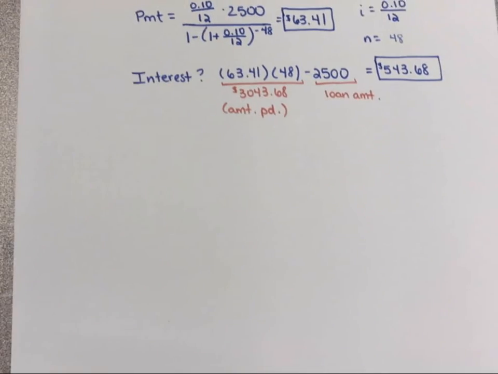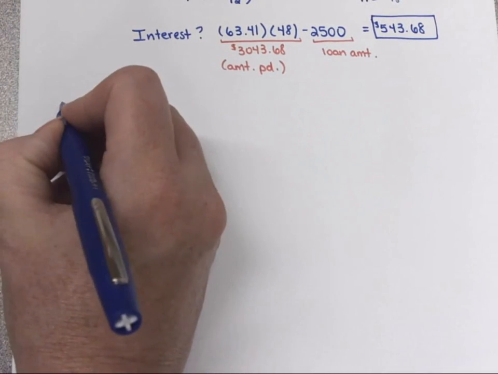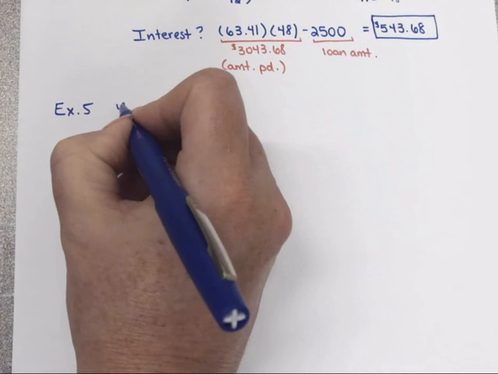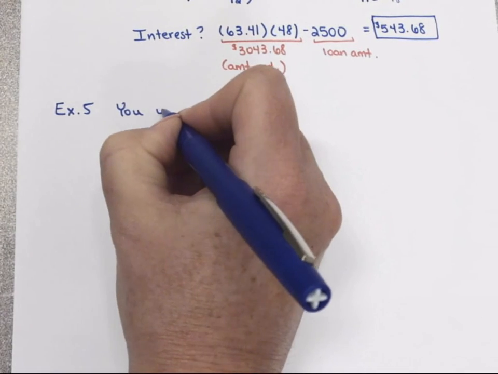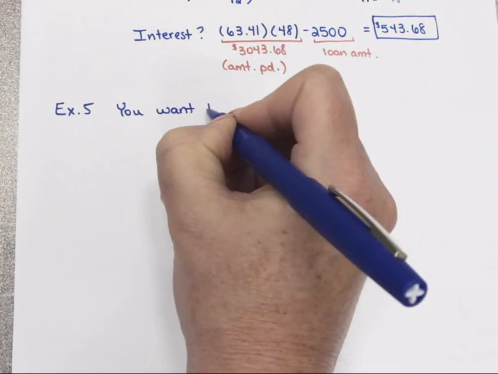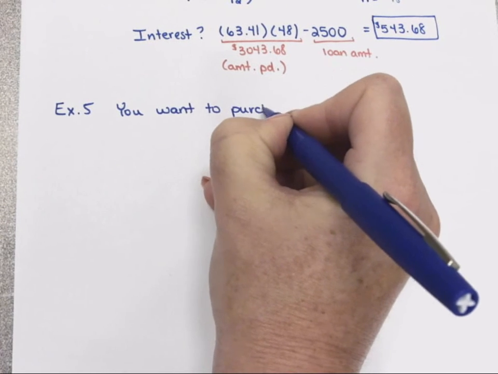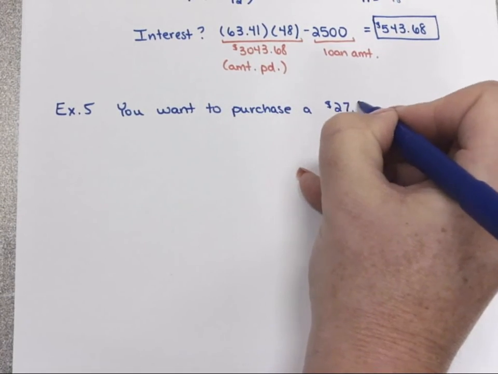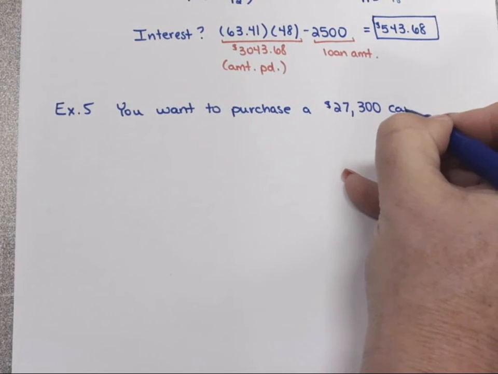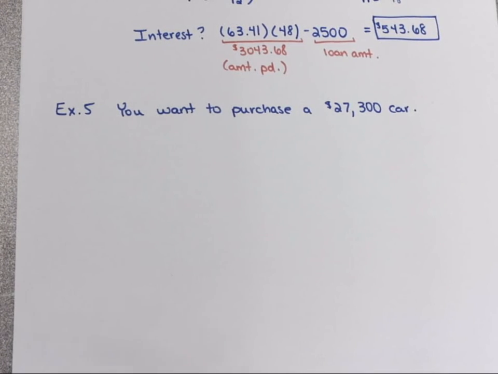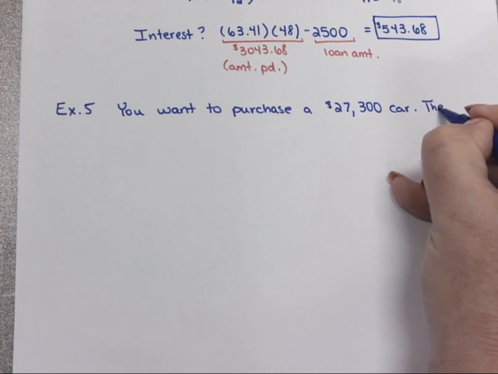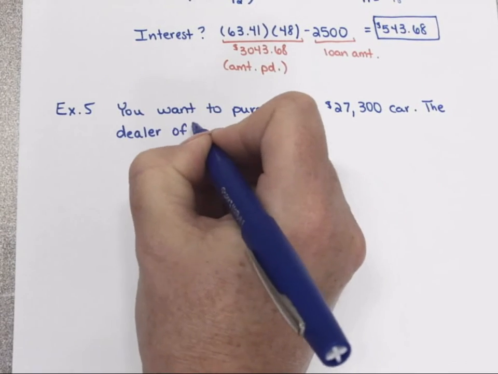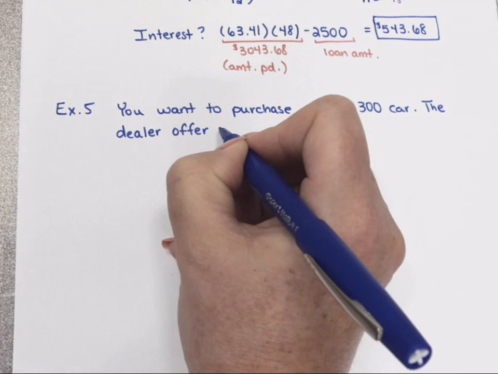Okay, so let's do one more where you have to try to figure out what we need to do. So let's say that you want to purchase a car that costs this amount. And let's say that the dealer offers you a couple of different financing options.